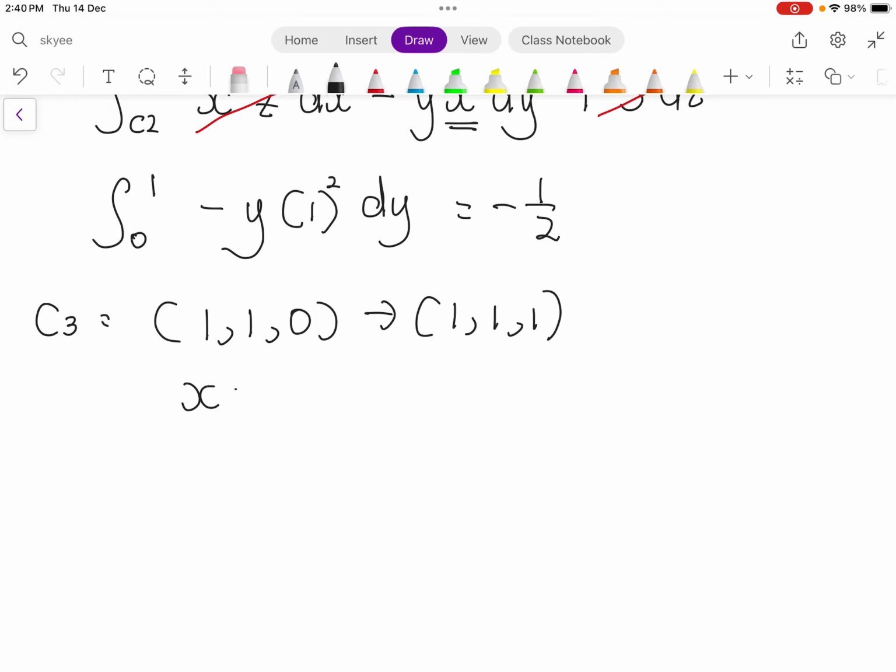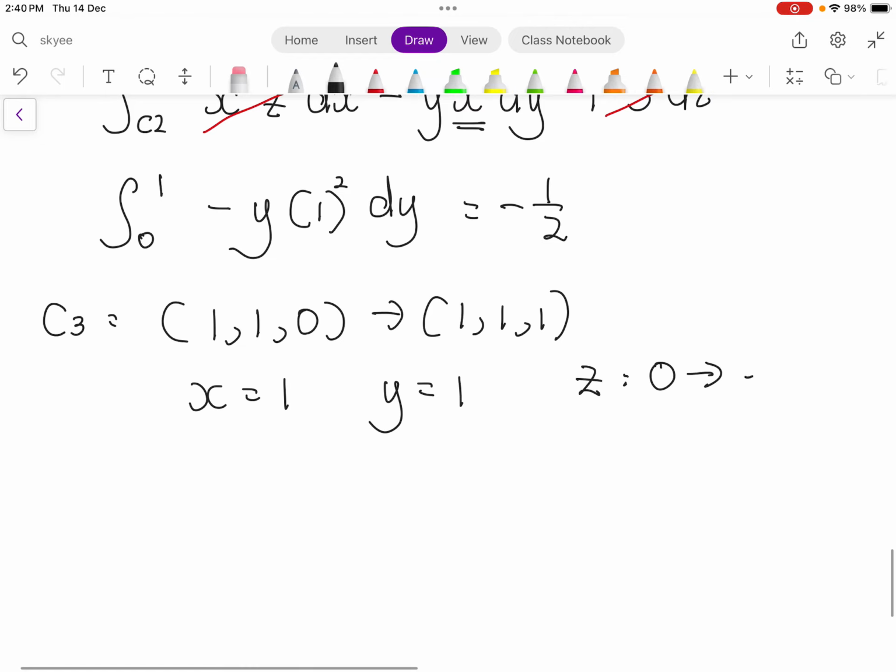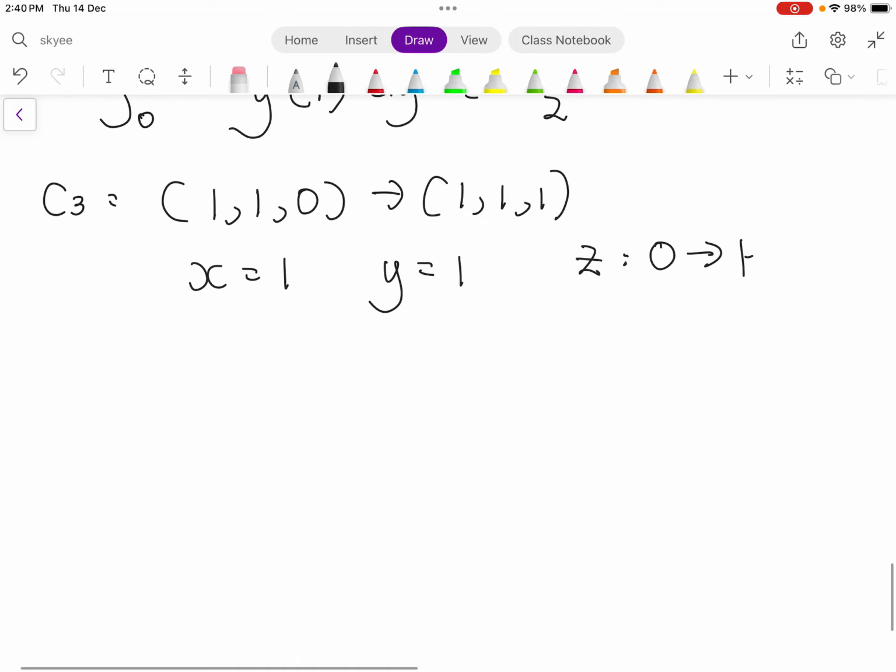So x remains 1, y remains 1, and z is from 0 to 1. Here dx will be 0, and dy will be 0.